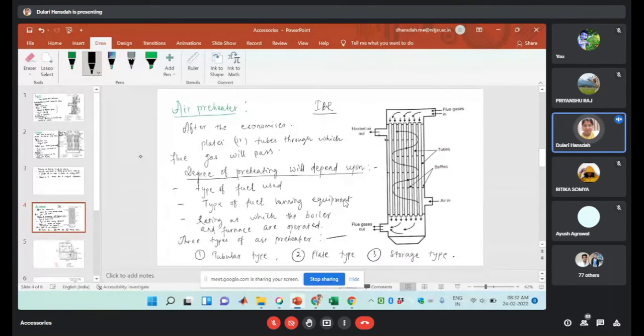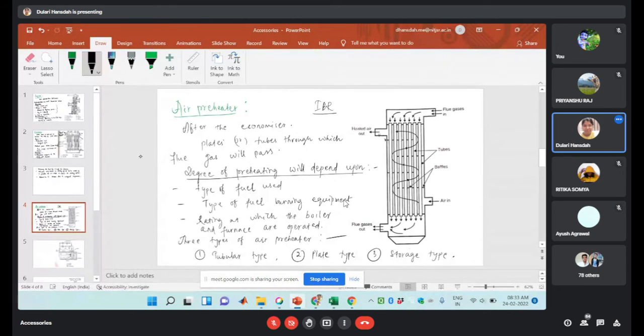The flue gases which leave the economizer will flow through these tubes, and at the other end the flue gases will flow out and pass to the chimney.